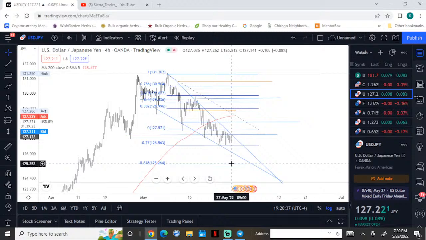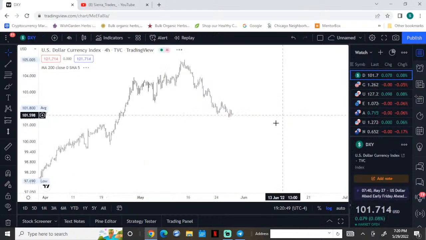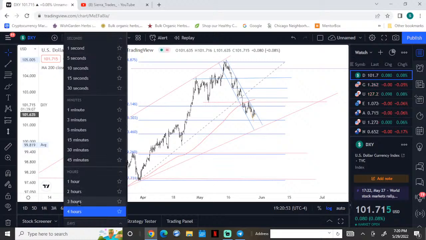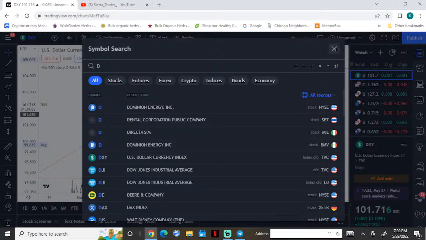Or it could consolidate right here because we are waiting to see what the dollar is going to do. If the dollar is going to finish its daily fib and continue falling, because it is right at the 50% area. Yep.